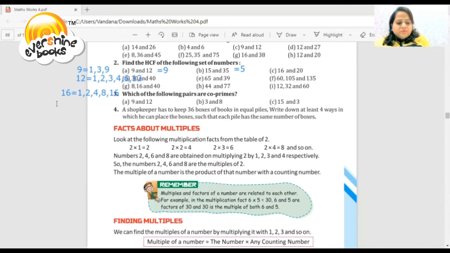Okay, now 20. Find out the factors of number 20: 1, 2, 4, 5, 10, 20. So tell me the common factors and then find out the highest common factor.